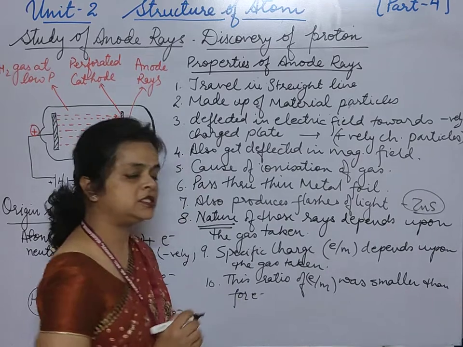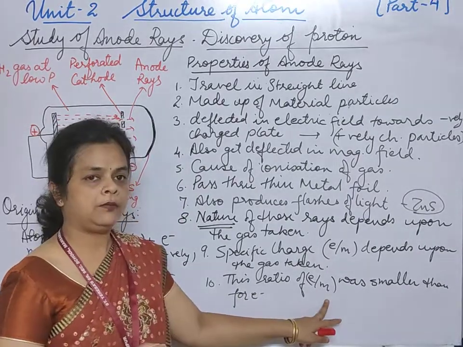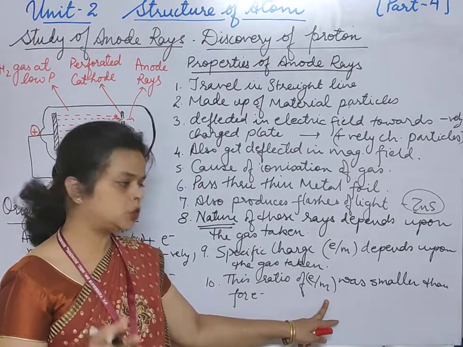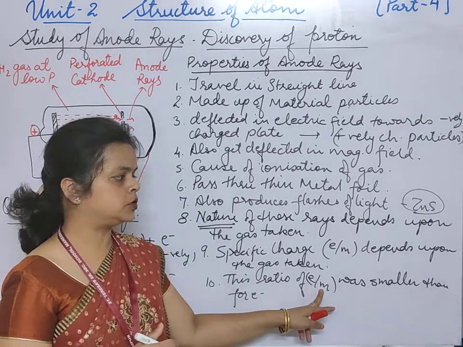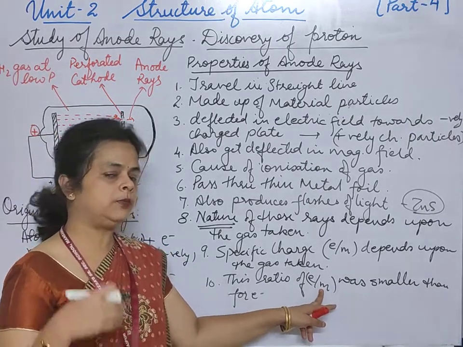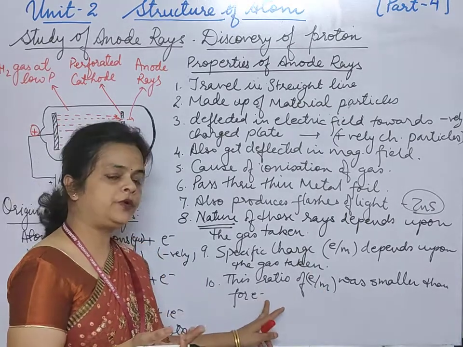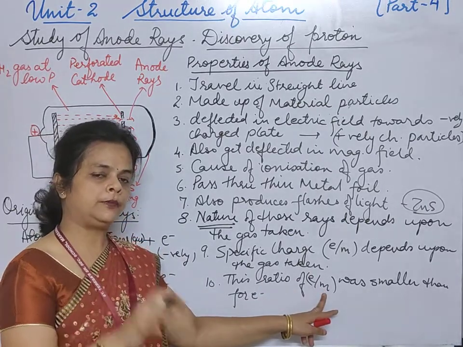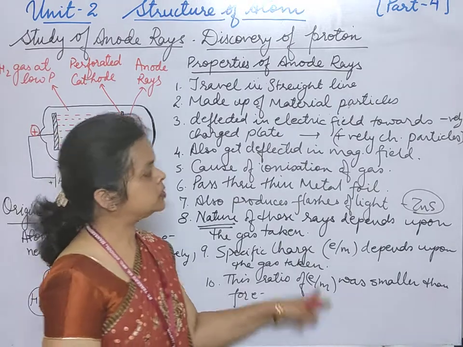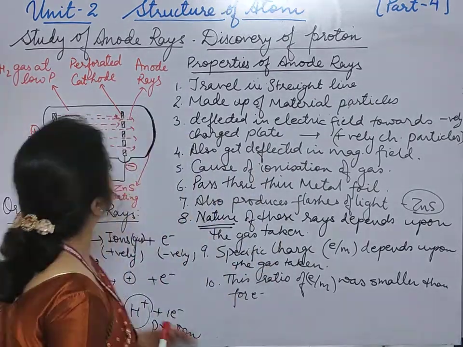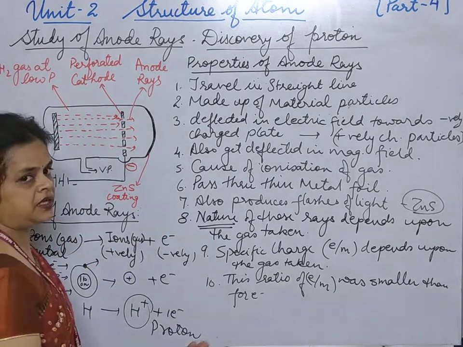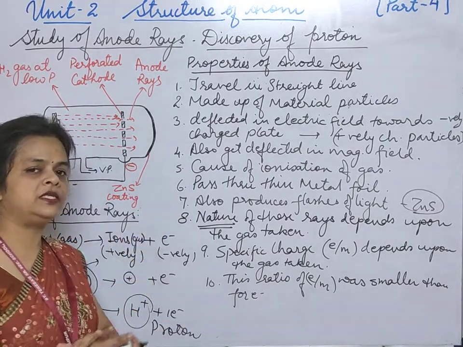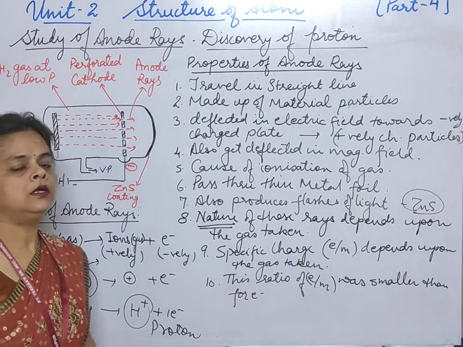So what does it show? If the E by M ratio is coming less, it shows that their mass is more as compared to the electrons. Electrons have less mass, so the E by M ratio is more. In anode rays the mass is more, so what will happen to the E by M ratio? It will decrease. So here we have discussed how the anode rays are produced and in what ways they are similar and dissimilar to the cathode rays.